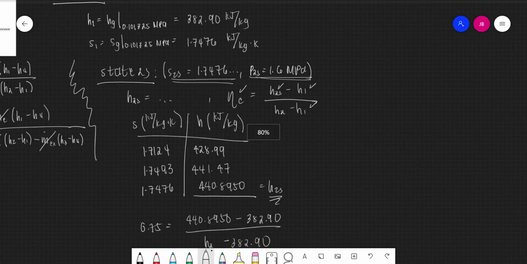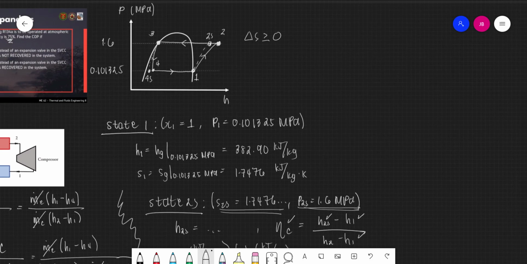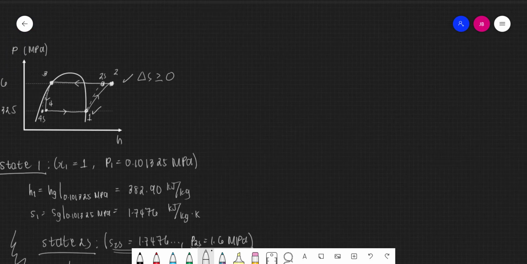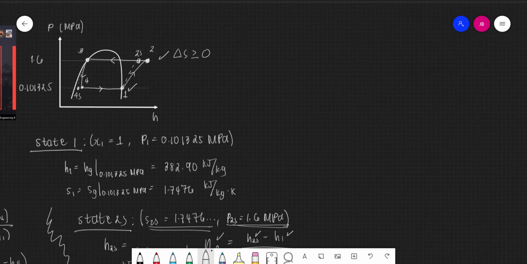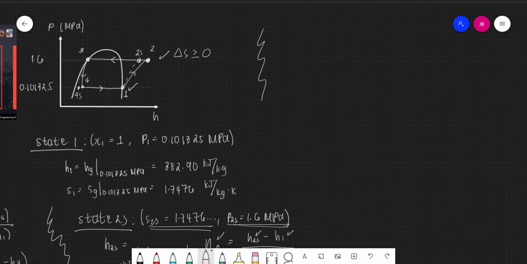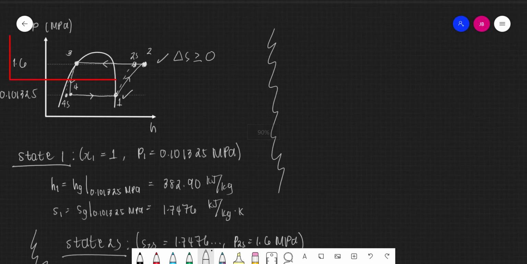Okay, so going back to our pH diagram, we already know H1. We already know H2. So let's just solve for H3 and H4. So alam natin na at state 3, according to our pH diagram, ito ay saturated liquid. So the quality at this particular state is going to be equal to 0 and the pressure is 1.6 megapascals.